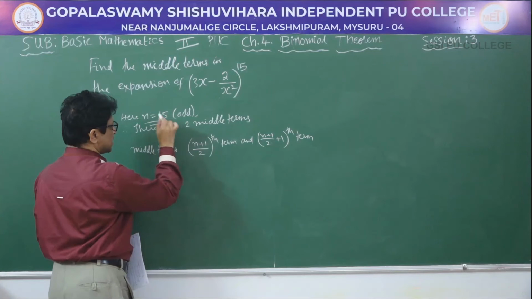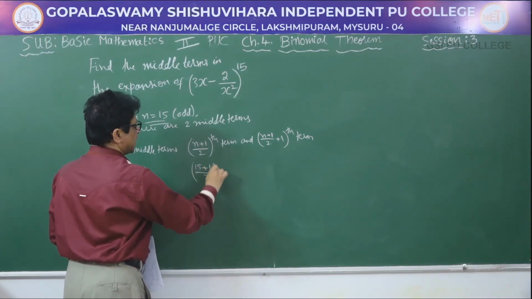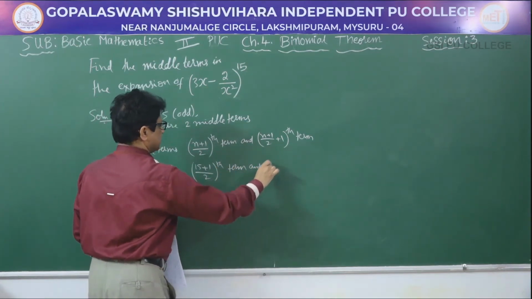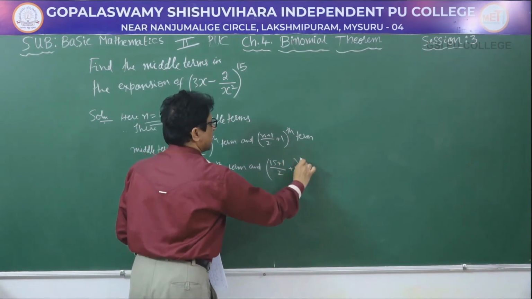So, n equals 15. Therefore, (15 plus 1) by 2th term and (15 plus 1) by 2 plus 1th term.